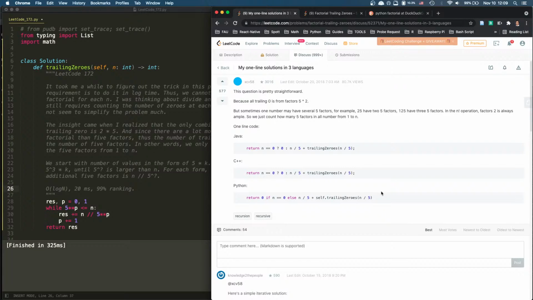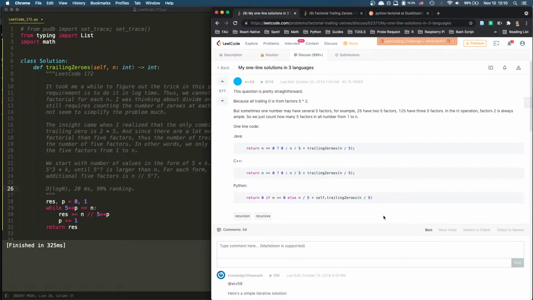And then we do n divided by 5 again. That is equivalent to n divided by 25.